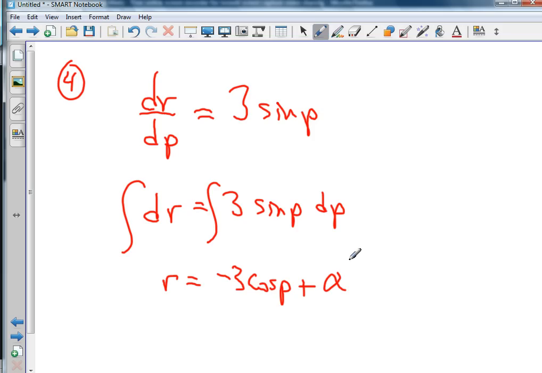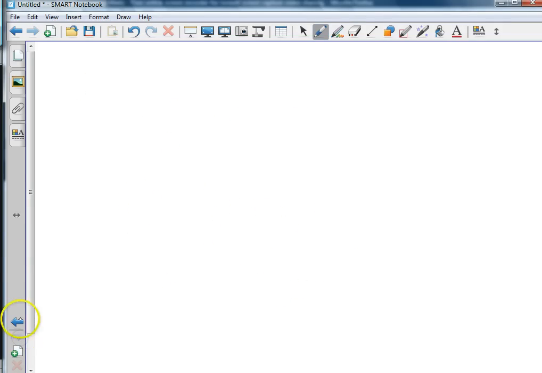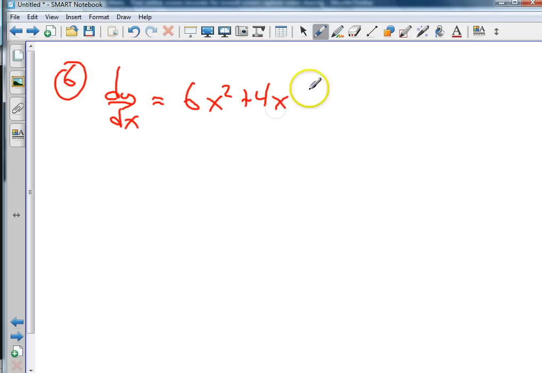All right, what if they gave you initial conditions? Take a look at number 6. You ready? All right, here's number 6. It says dy/dx is 6x squared plus 4x, and y of 2 is 10.